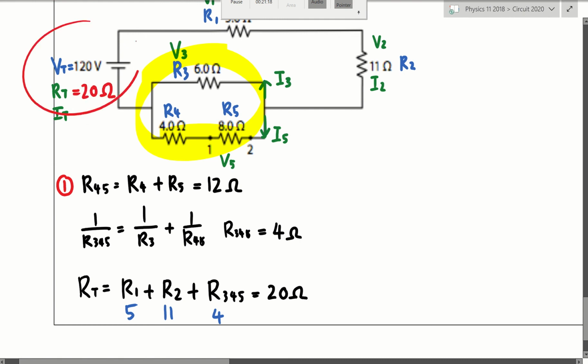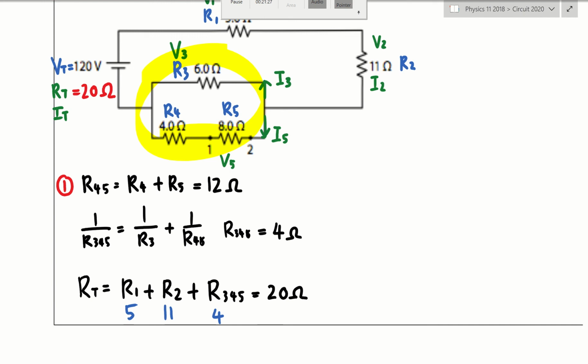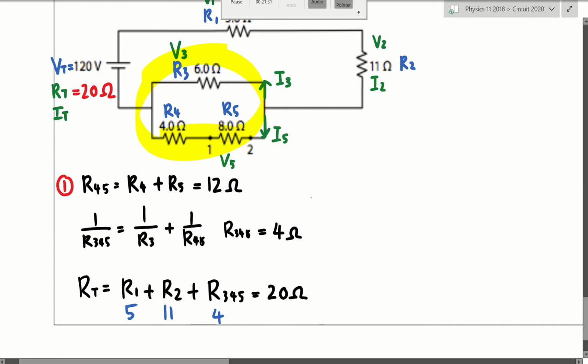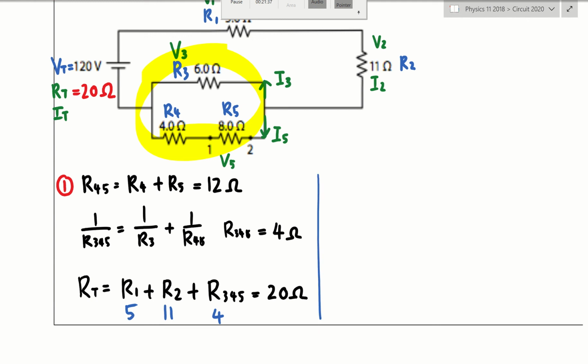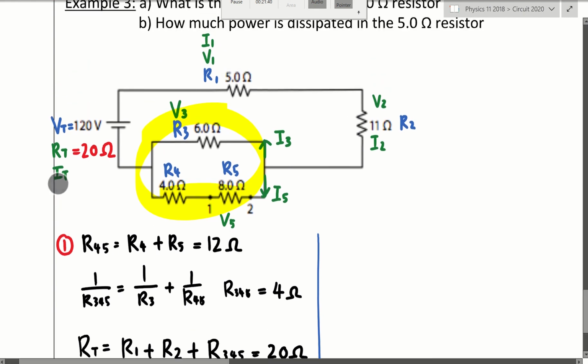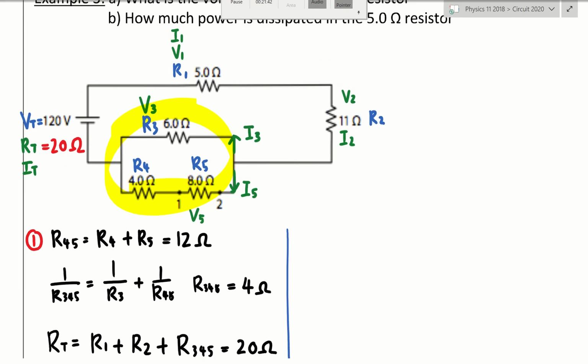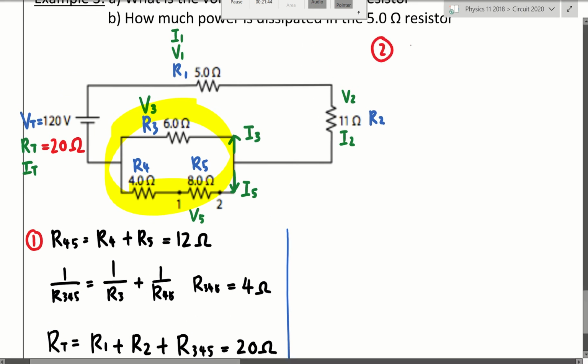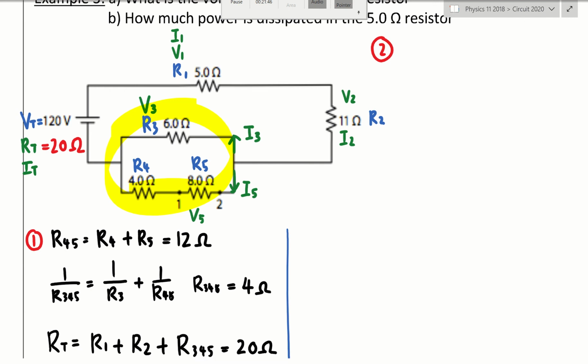So here, total resistance is 20 ohms. So we can fill in the battery's location. Oh, that's 2 out of 3 things. You're very happy when you see 2 out of 3 things while doing circuit questions. If you have 2 out of 3 things, you know there's something you can do, which is Ohm's law. So step 2, we're going to deal with the battery using Ohm's law.